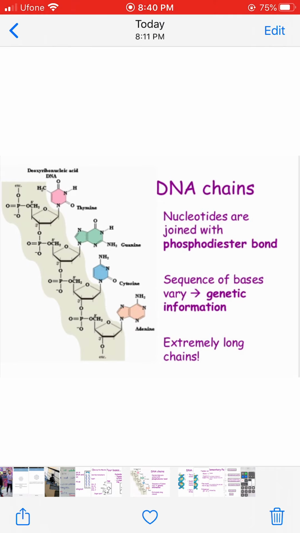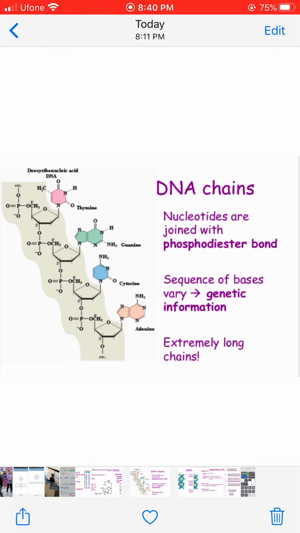So in DNA, the main bond by which different nucleotides are joined together is the phosphodiester bond. Diester bond means it is between two nucleotides, and the phosphate group is responsible for the joining of these two nucleotides. So the sequence of bases can vary.